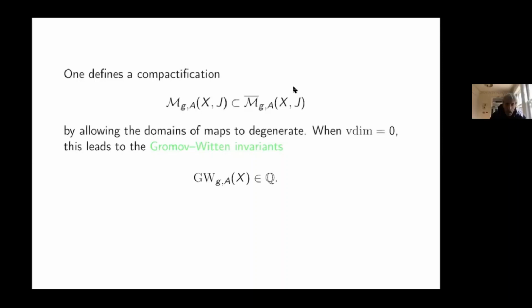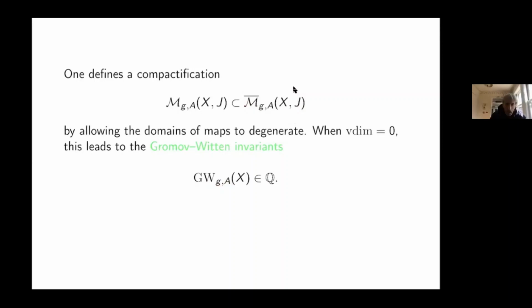Now, if the virtual dimension is 0, for example in this Calabi-Yau case, you can construct a virtual fundamental class on this moduli space and integrate it against the cohomology class 1, which defines a Gromov-Witten invariant. This Gromov-Witten invariant is a rational number, essentially because this moduli space has orbifold singularities, orbifold points.